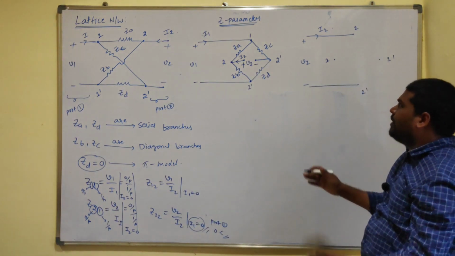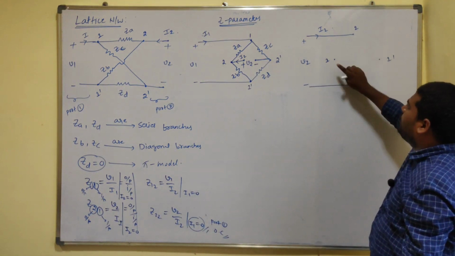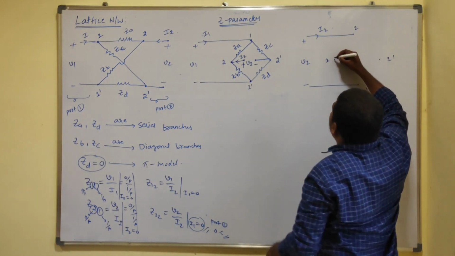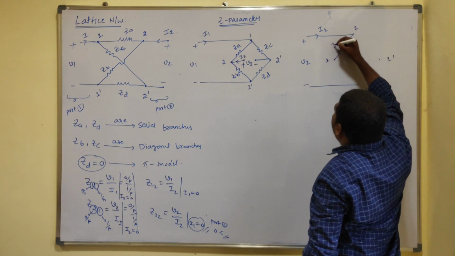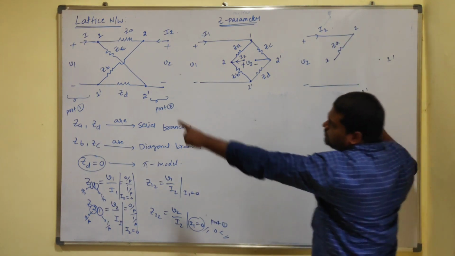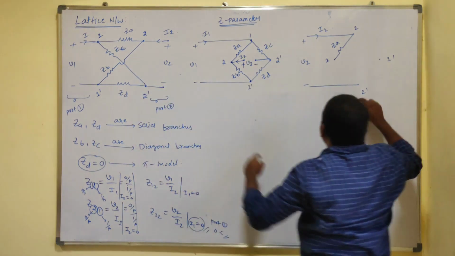In the same way, you can connect here also. Between 1 and 2 we have the ZA element. Next, 1 to 2 dash, we have the ZC element.